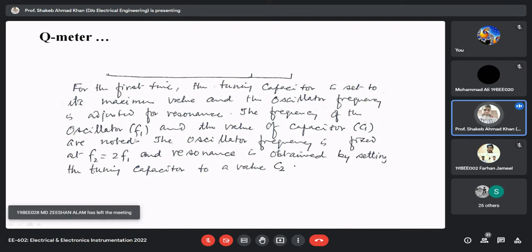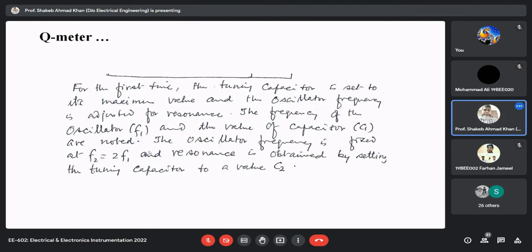The frequency of the oscillator F1 and the value of capacitance C1 are noted. That is, we note down the frequency at which the circuit is tuned to resonance and the maximum value of the tuning capacitance. Now we change the oscillator frequency from F1 to twice F1.